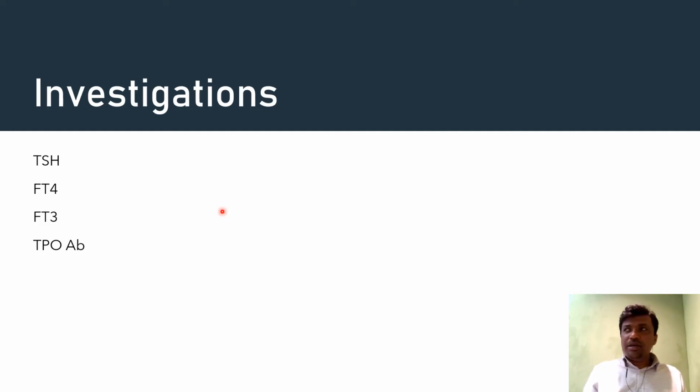So it's pretty much hypothyroidism. You also might need to do a TPO, thyroid peroxidase antibody, because if you cannot find an obvious cause like iodine deficiency or previous surgery, it's worth looking into this TPO antibody for Hashimoto's thyroiditis, so chronic lymphocytic thyroiditis causing the hypothyroidism. So that is something to keep in mind.